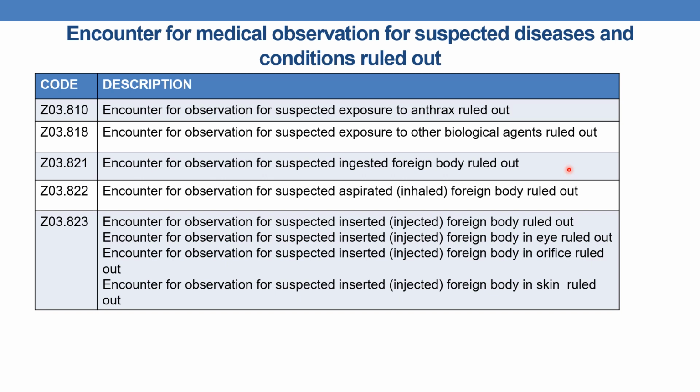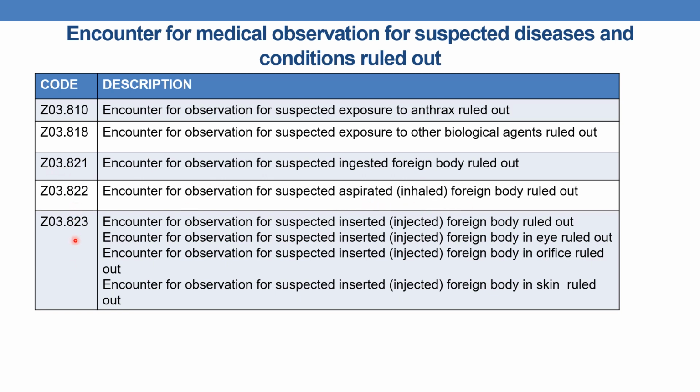The next is Z03.821, encounter for observation for suspected ingested foreign body ruled out. The next is Z03.822, encounter for observation for suspected aspirated, that is inhaled, foreign body ruled out. Previously it was ingested foreign body, next is inhaled foreign body.